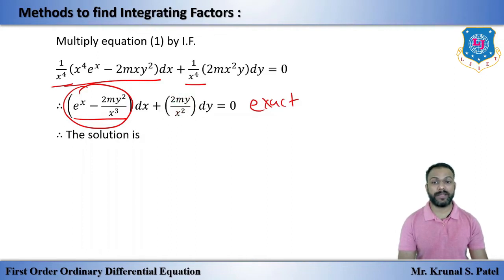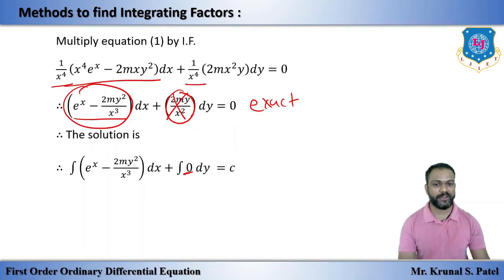Some say, sir, we have to just ignore this x only. No, we have to take the term free from x. This is the only term which contains x, therefore we have to omit this entire term. So we'll take 0 instead of that, so this becomes 0 dy.